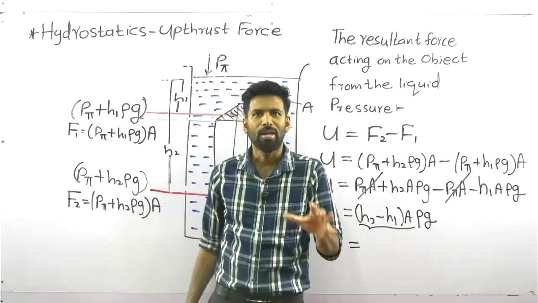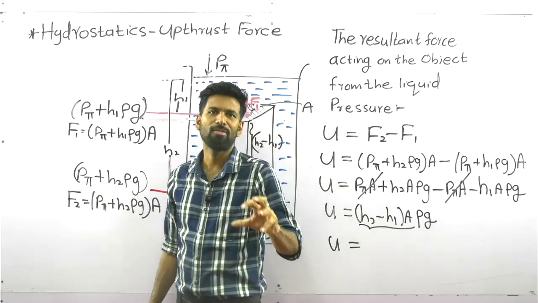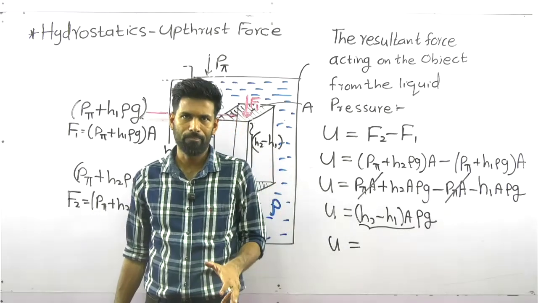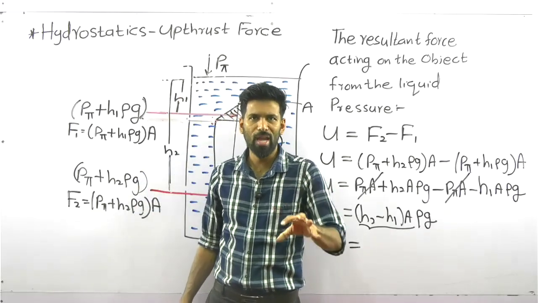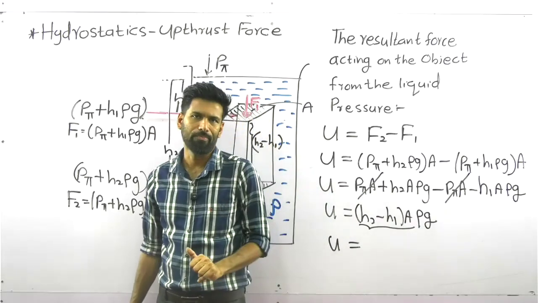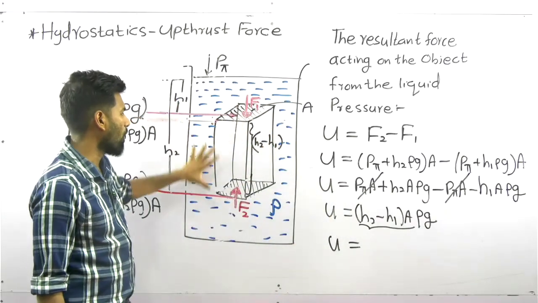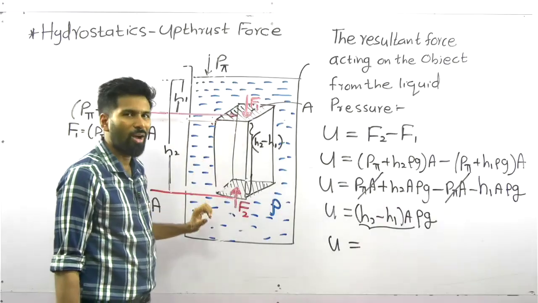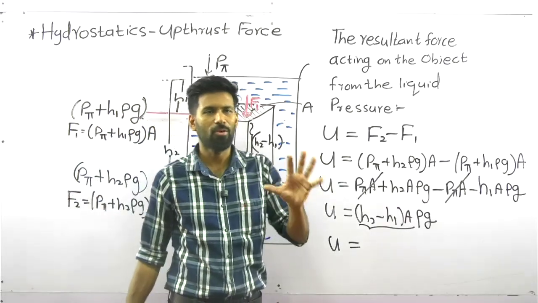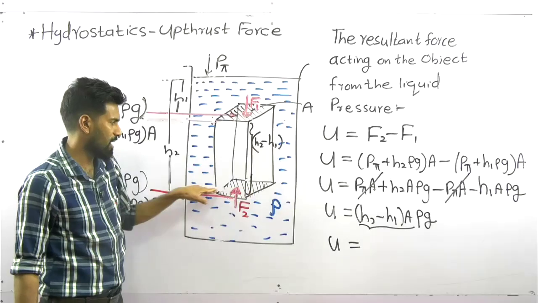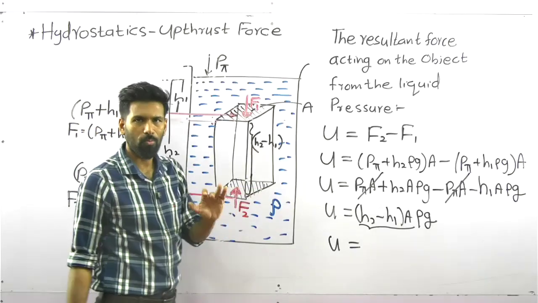But remember, in the actual case, this is the volume inside the liquid. Here, as the full object is inside the liquid, one might say H2 minus H1 times A is the volume of the object.